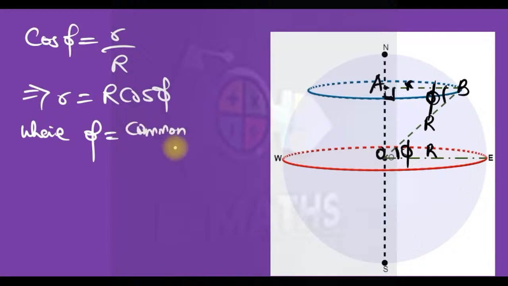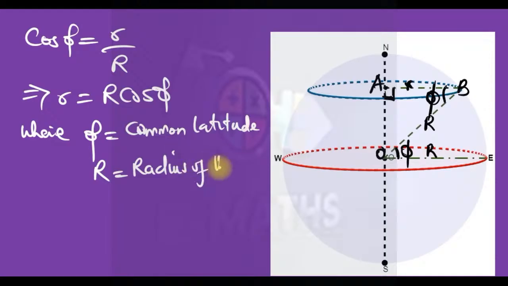I told you that for us to find the distance along the latitude, we must have a common latitude, but along the longitude, they must have a common longitude. R is the radius of the Earth, while small r is the radius of the small circle.